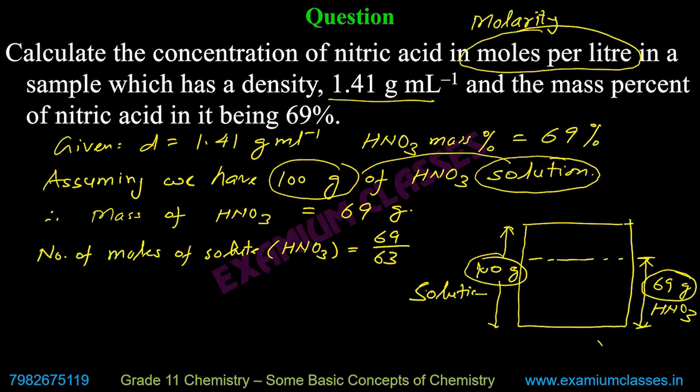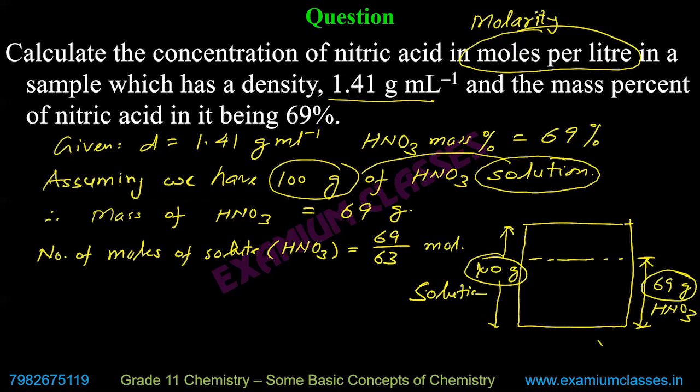From here, 1 plus 14 plus 48 will give you 63. You don't need to simplify this one. Okay, this is molar mass. You just write grams per mole. Sorry, these are moles, these many moles.